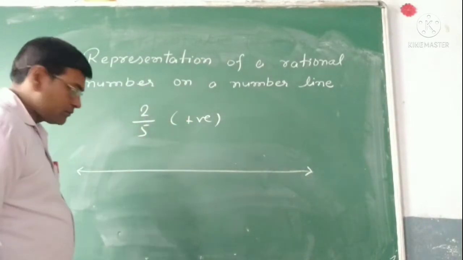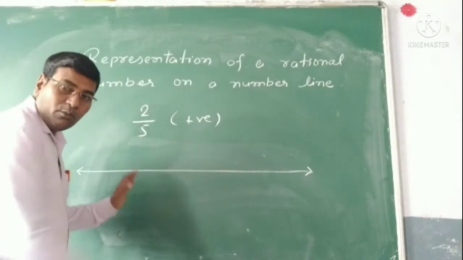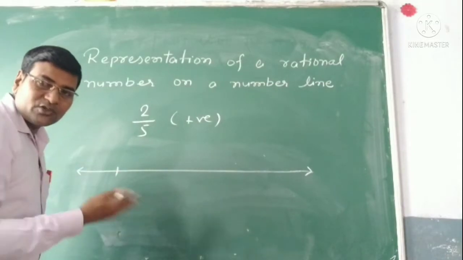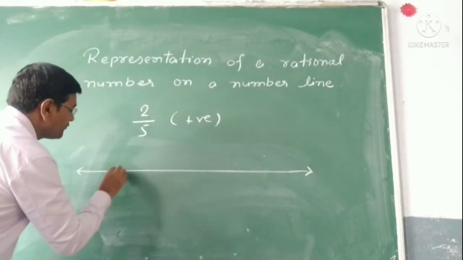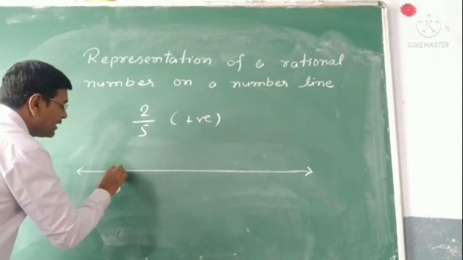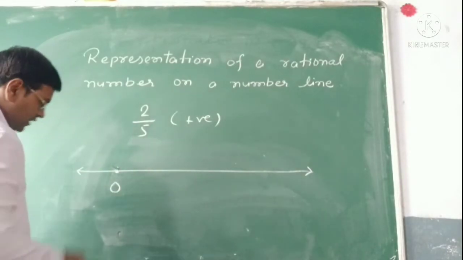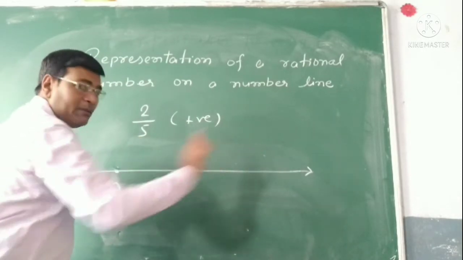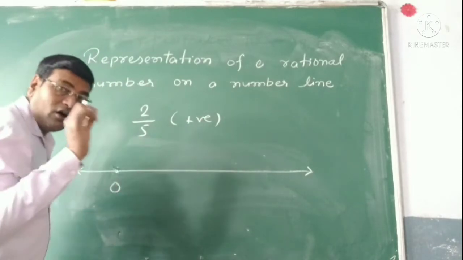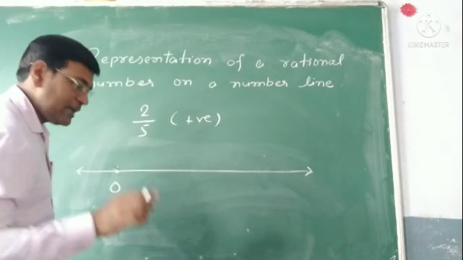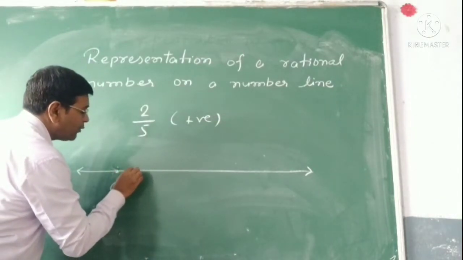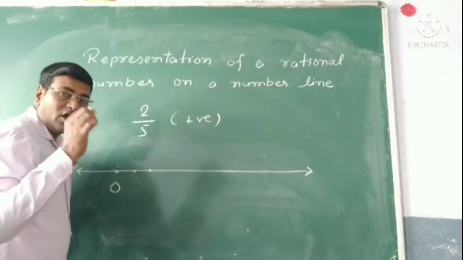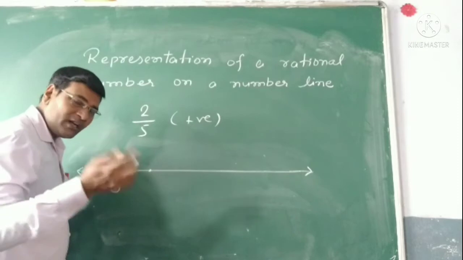So I am taking more space to the right side. We don't need space to the left side. So right here 0. Take a point on this number line and write here 0. After that, take many points, but all these points should be equidistant. बराबर दूरी पर हम पॉइंट लेंगे by using scale 1 centimeter or 1 millimeter or half centimeter, whatever you want.